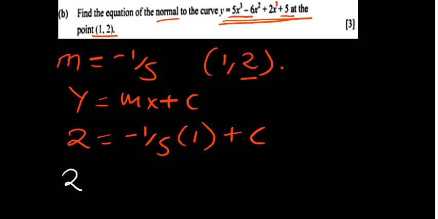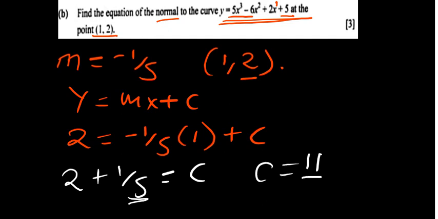So you have 2, and -1/5 crosses to the other side, it will be positive, equal to c. So 1/5 plus 2. The easiest way of adding a whole number with a fraction is to multiply the 2 by the 5. It's going to be 10 plus 1. Your c is going to be 11/5.